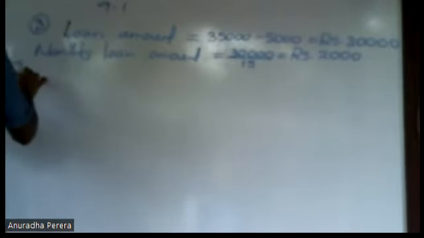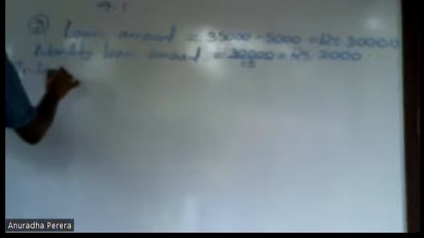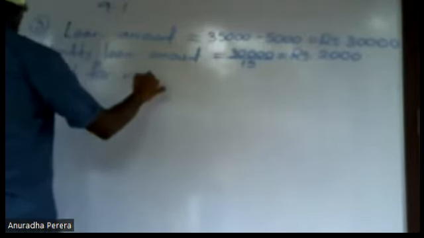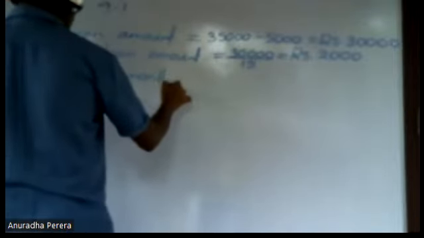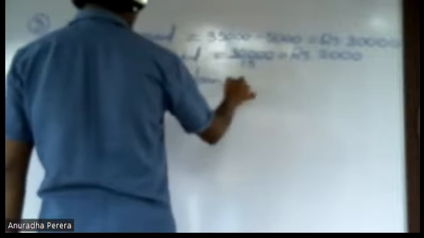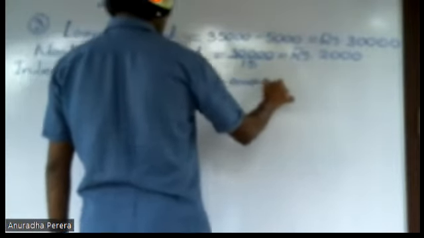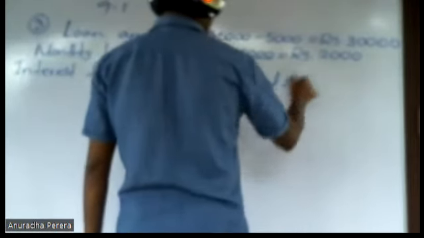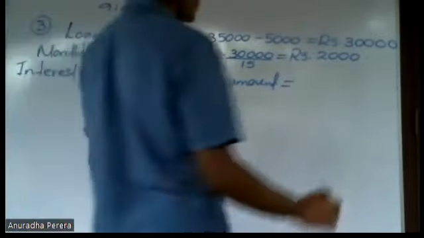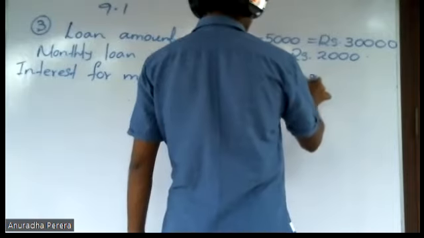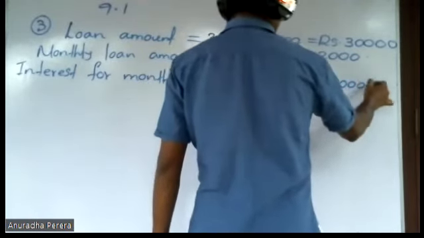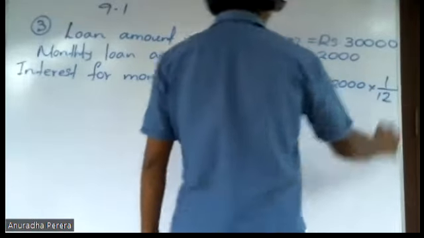Then interest for monthly loan. Interest rate is given 18%. $2,000, 1 over 12.